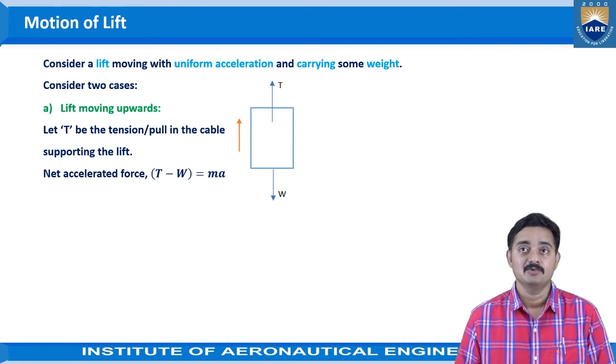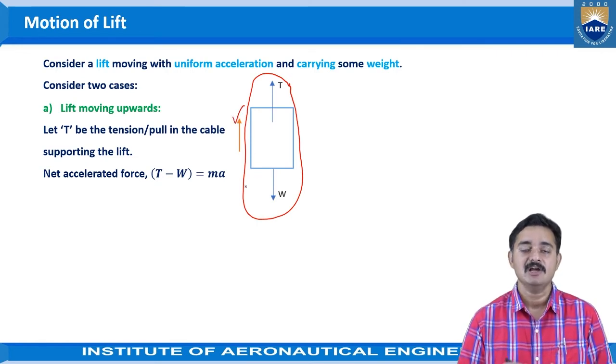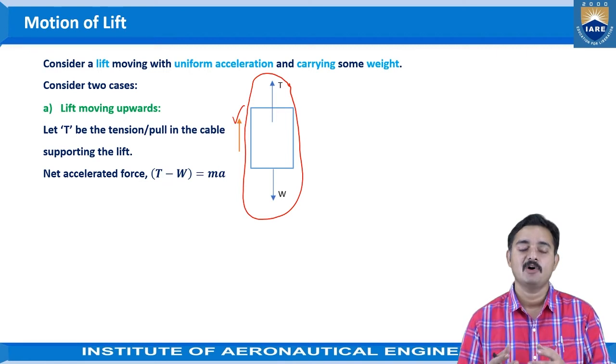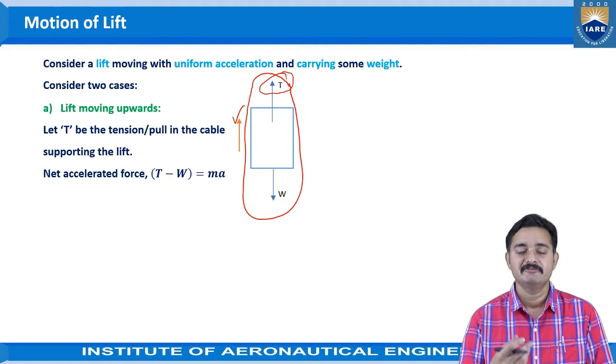Net accelerating force would be T minus W. If you consider the accelerating force, the object is moving in the upward direction. That means the tension used to pull the load, the lift with the passengers or the load, must be more than the weight W that is acting.